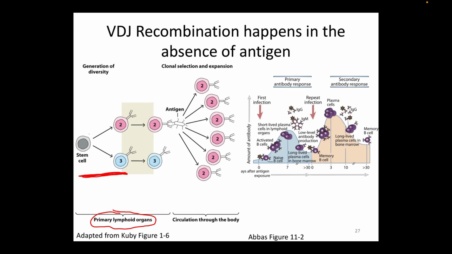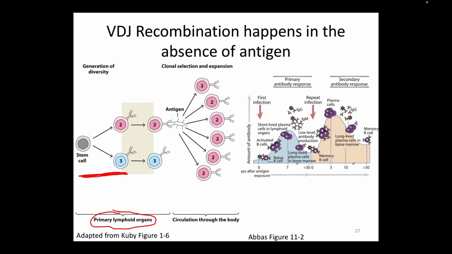Then after we've done that sequestered, secluded process of making all of the diverse B cells, those B cells are released to the rest of the body, where they might find antigen and where they might be able to proliferate, make many more copies of themselves to be able to act against a microbe.